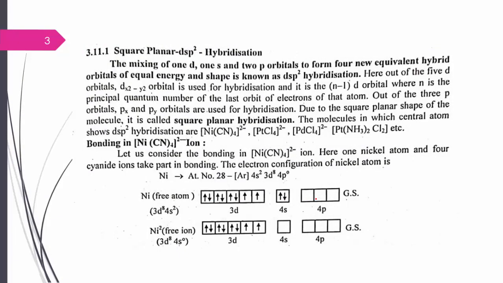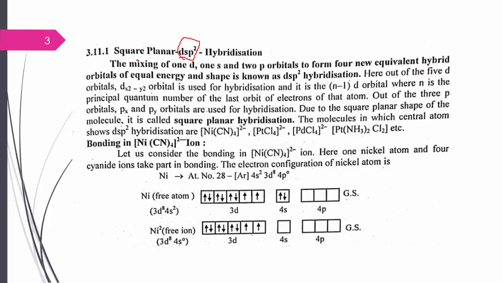The first is dsp2 hybridization. It is very easy to understand the concept of dsp2 hybridization. As we studied previously, dsp2 means that here we can see one d orbital, one s orbital and two p orbitals.